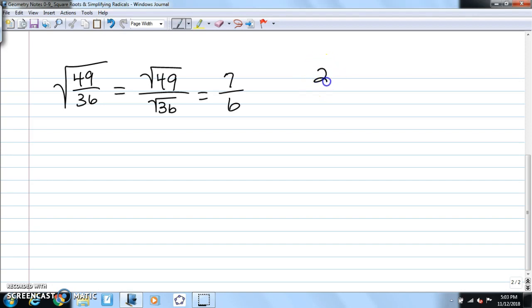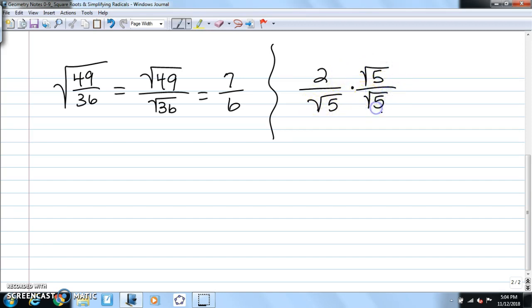What if you have a quotient, though, where you only have a square root on the bottom? So let's say we have 2 over the square root of 5. Okay, we can't leave a square root in the denominator. It's not considered to be simplified when you leave a square root in the denominator. So we have to do what's called rationalize the denominator. And in order to do that, you multiply your top and bottom by this square root.